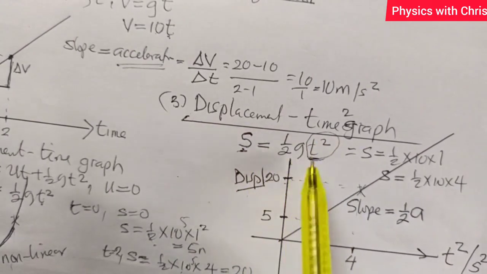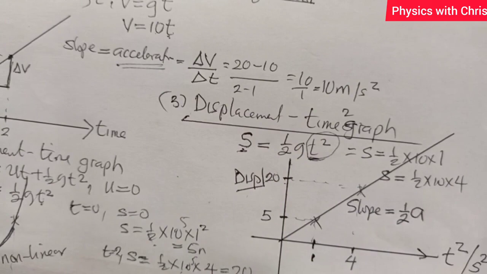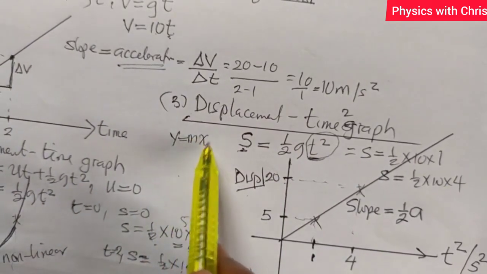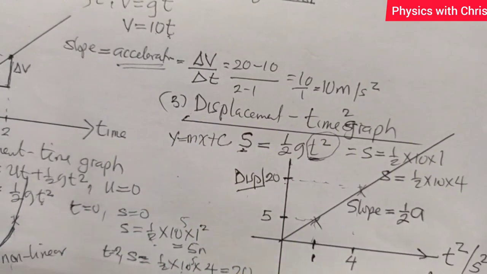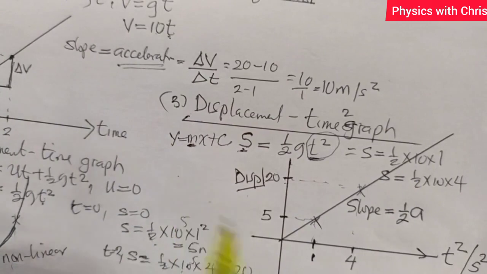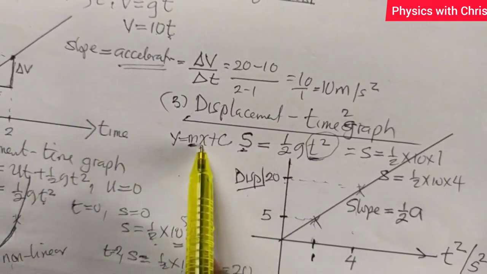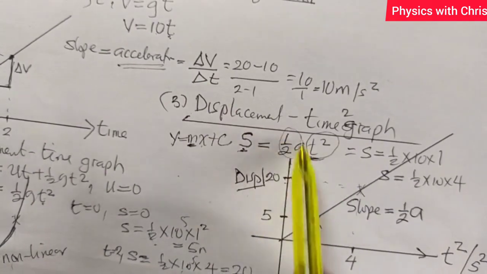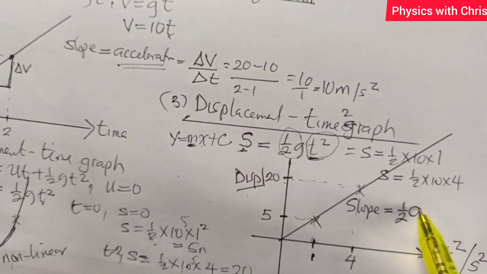So the coefficient of t squared is half the acceleration. From the equation of a straight line graph, y equals mx plus c, which is the general equation of a straight line graph, if y and x were plotted, then m is the gradient or slope. So the coefficient of x is usually the gradient. So the coefficient of t squared, which is what we plot on the x-axis, is our half acceleration, half a, or half g in this case.